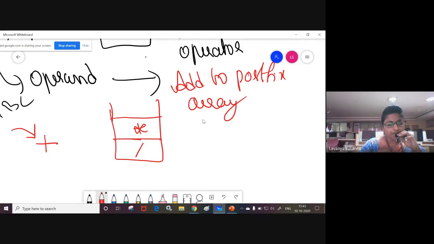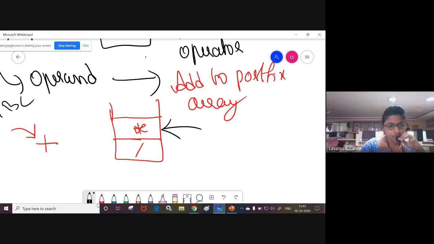If you got an operator, what do you need to do? If the scanned symbol is an operator, you need to compare the precedence of the scanned symbol with the precedence of the operator at the topmost element, see the arrow symbol.